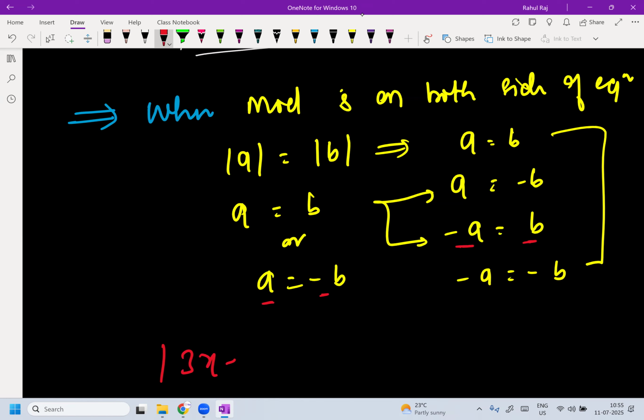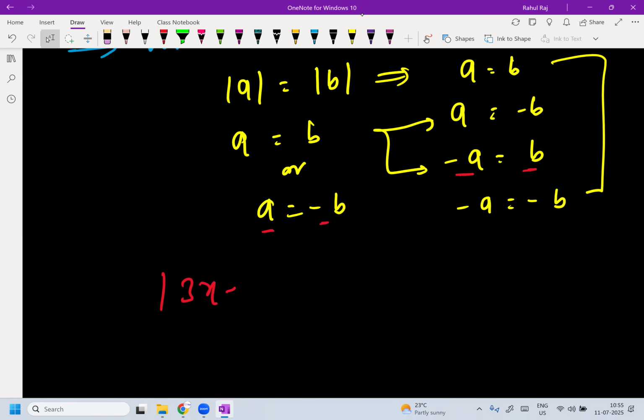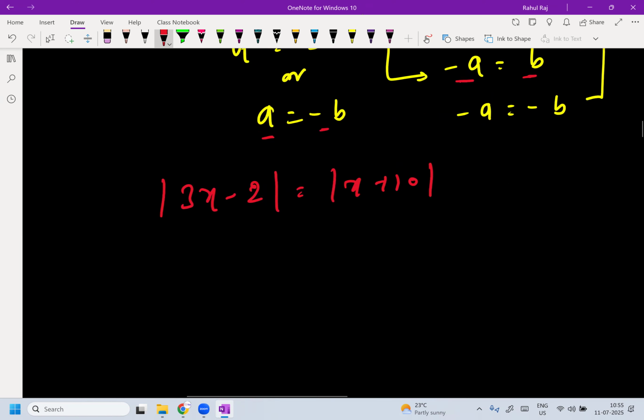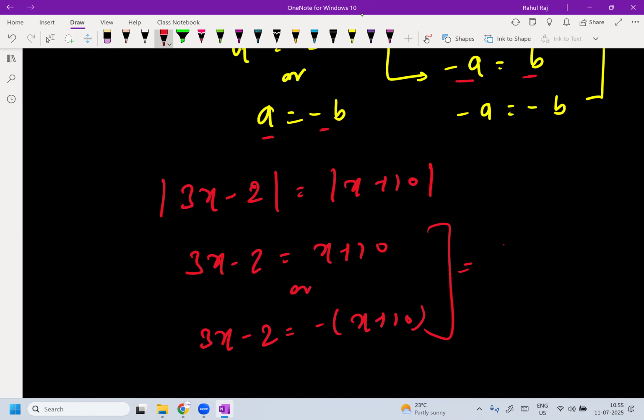So imagine if it is 3x minus 2 is equal to x plus 10, if you have to solve this, simple. 3x minus 2 is equal to x plus 10, or 3x minus 2 is equal to negative of x plus 10. If you solve this, you'll get two values of x, right? And both the values will be valid values.